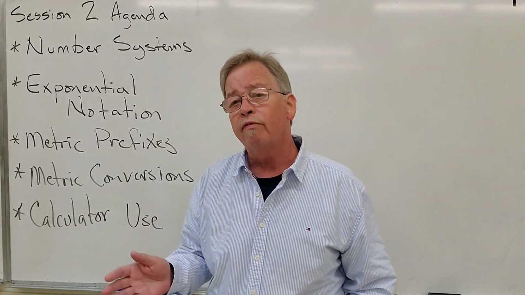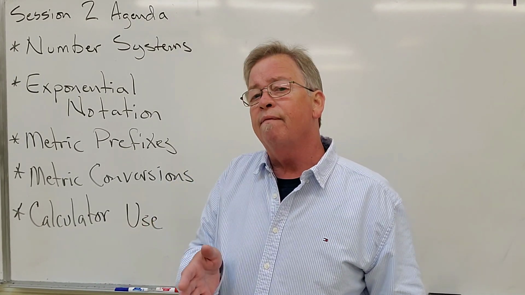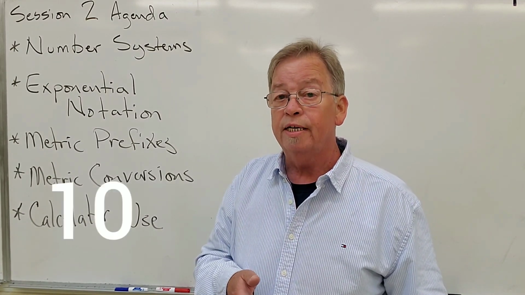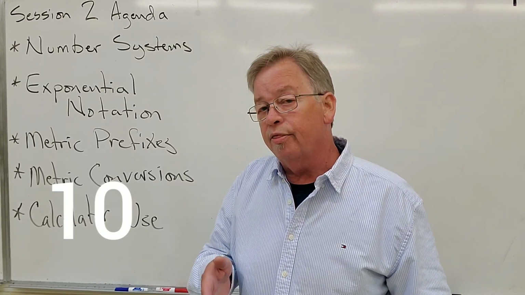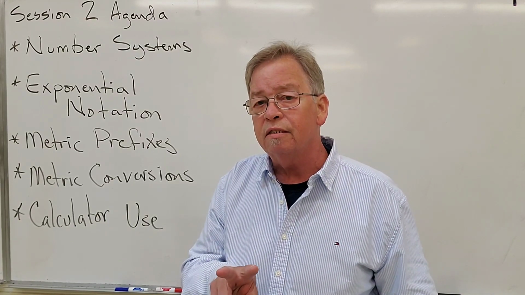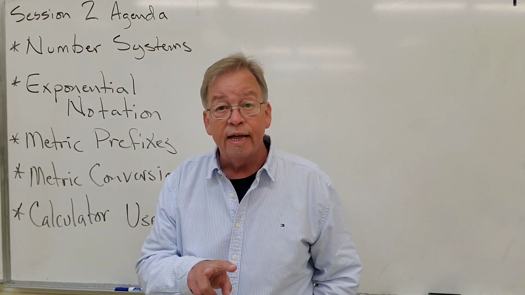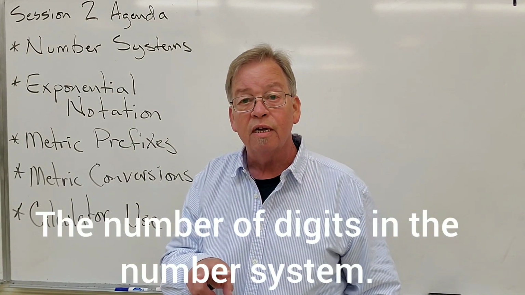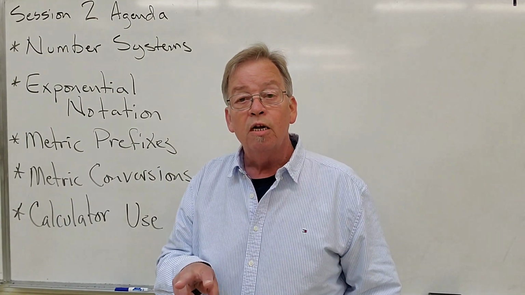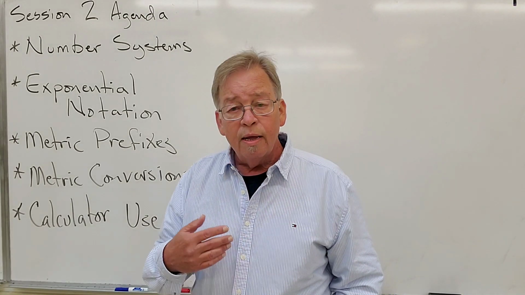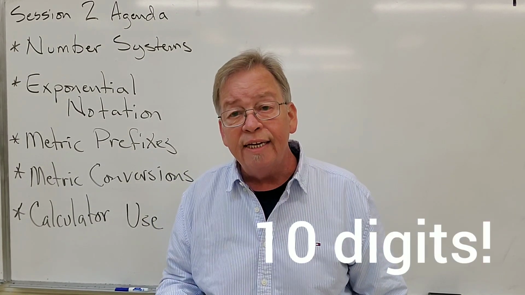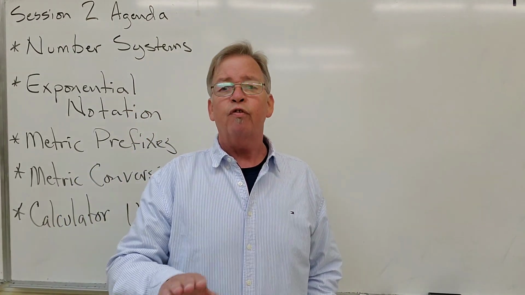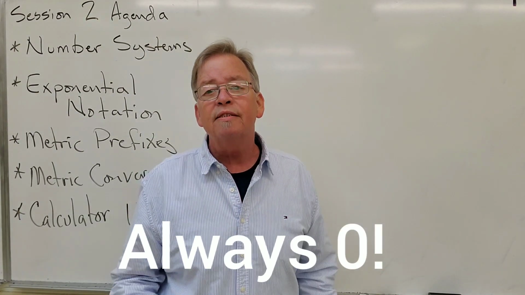I said all of them are exactly the same except for the number that they're based on. Decimal is based on the number 10. Now, these base numbers tell us 2 things about a number system. The first thing is how many symbols, or digits, there are in the number system. Decimal, being based on 10, has 10 digits. The first digit in every number system is always the 0.